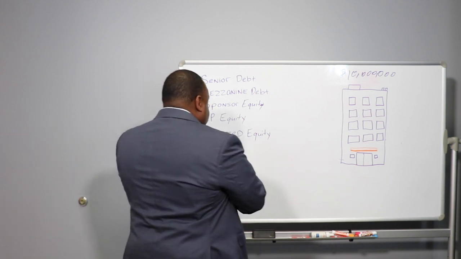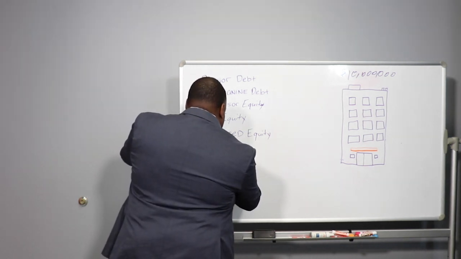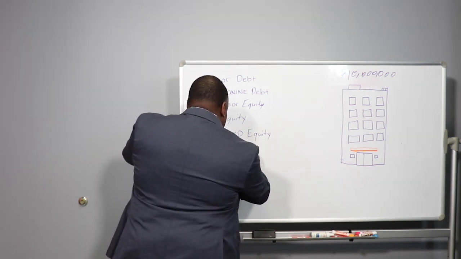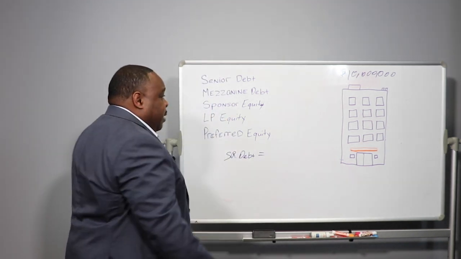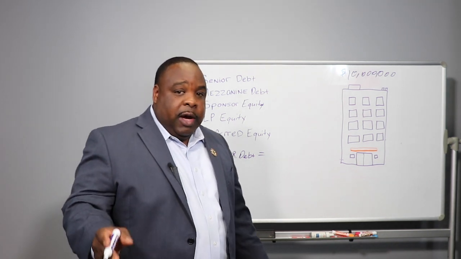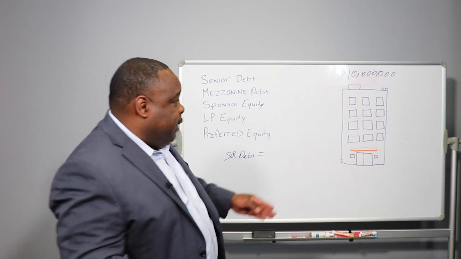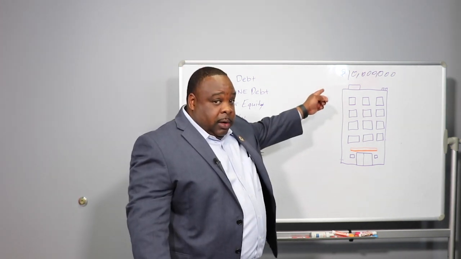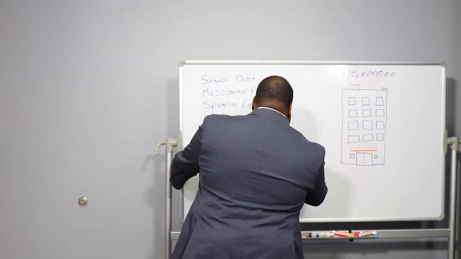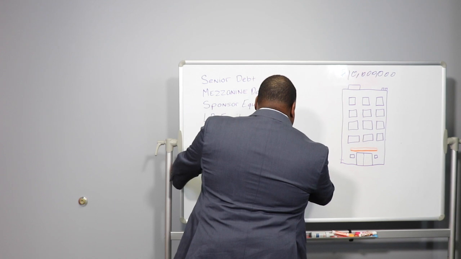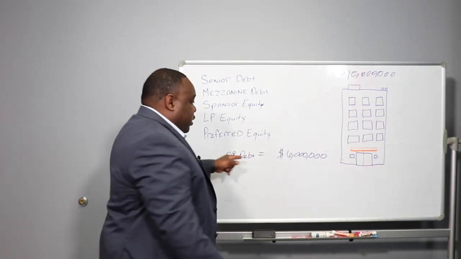Let's say that our senior debt on this transaction, we're only able to get a 60% loan to value loan. That's a term, loan to value. If the value is $10 million, 60% of that would be $6 million, right? So that's our debt.